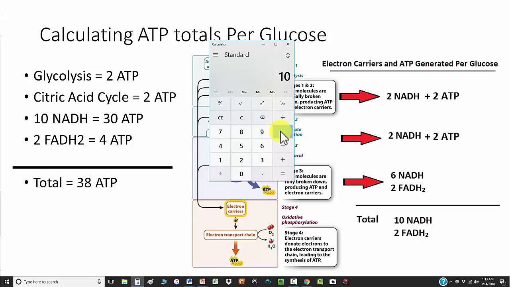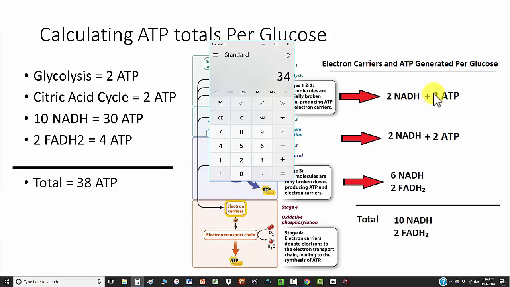So if we have 10 NADH, each pumps 3 hydrogens, and each hydrogen gives us 1 ATP, that means we get 30 ATP per glucose out of the NADH that were generated. The FADH2 generate only 2 ATP each per glucose, so we get a total of 4 ATP from that. So our electron carriers gave us a total of 34 ATP.